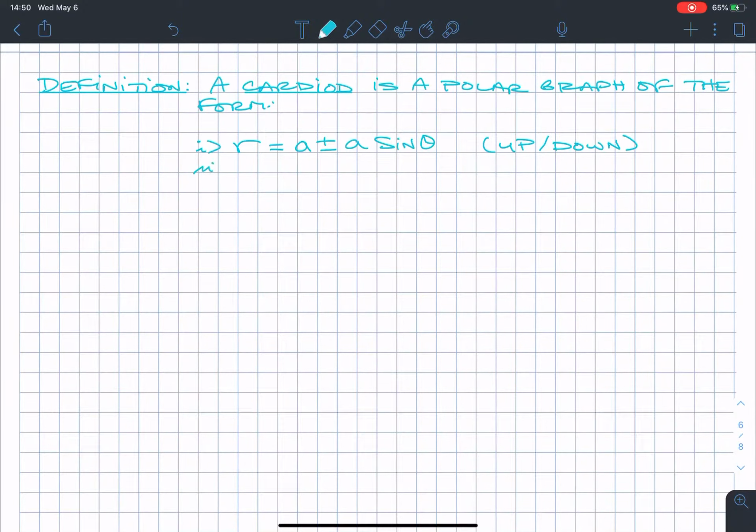Or number 2, r is equal to a plus or minus a cosine theta. So that's x-axis, so that'd be right or left.